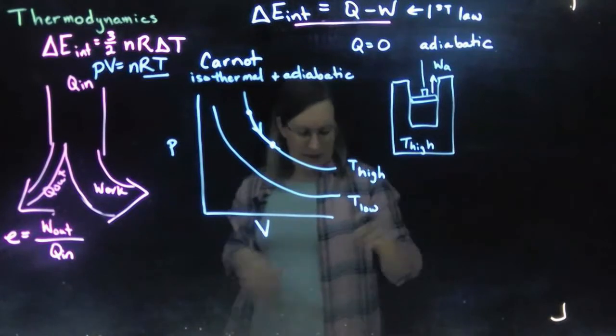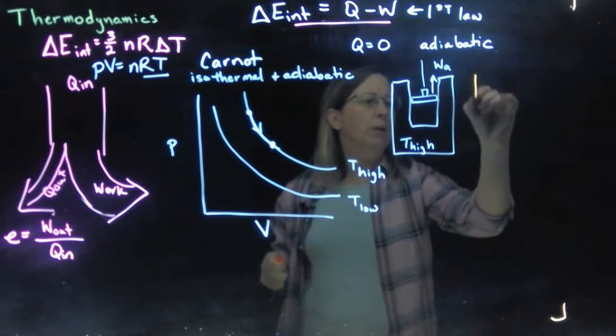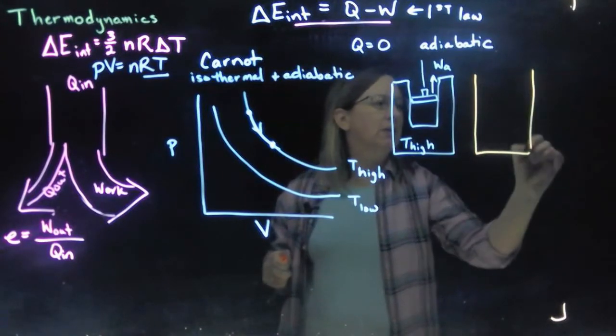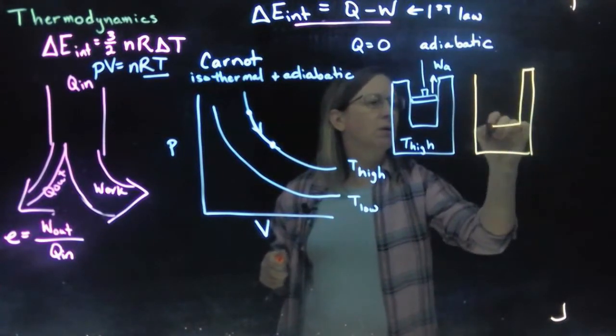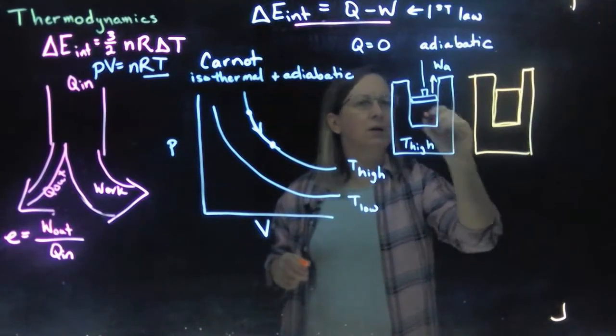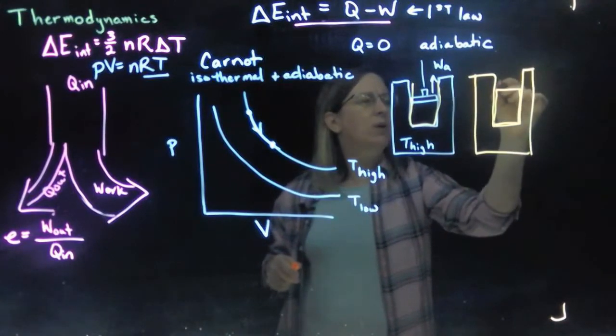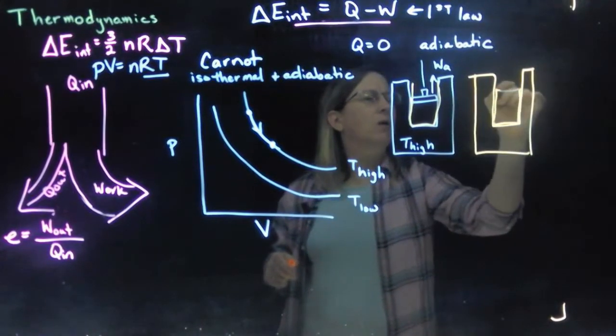So our next step will be a situation where we replace this now with an insulator. We still have our same tank here. This is our tank that has gas with the piston. And so now the piston can go up higher.